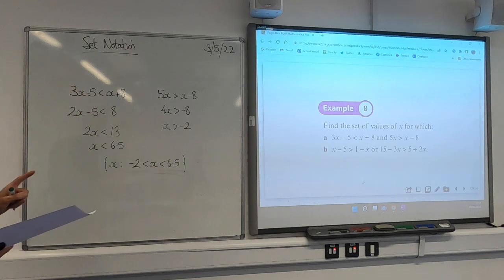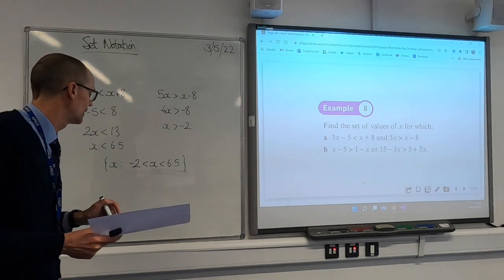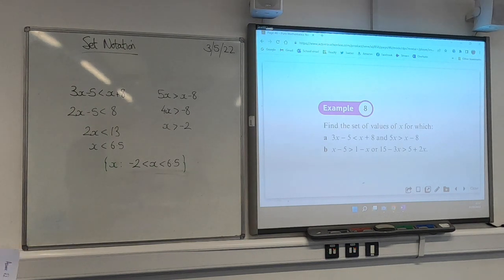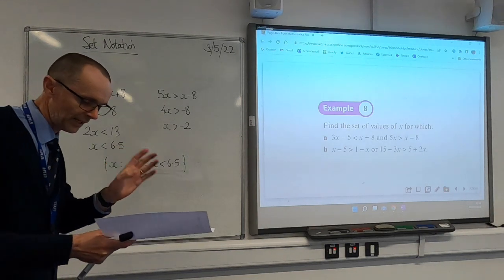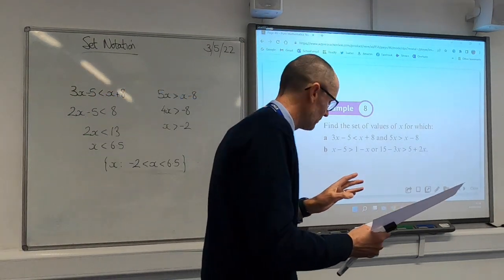So that is that answer given in set notation. Simple as that, nothing more complicated than that. And we only need to do that if it explicitly asks for set notation.